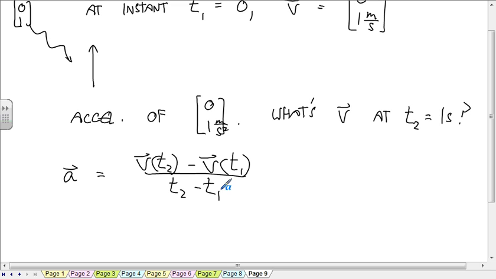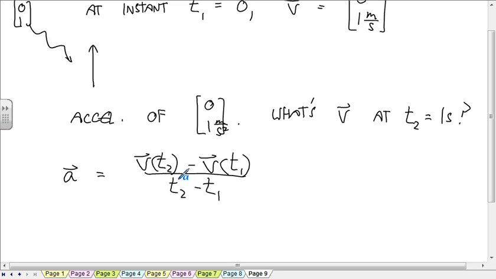Before we go through the calculation, just intuitively, what do you think is going to happen here? So we have a velocity vector at the first instant that's going in the positive y direction. Now we have an acceleration that's also in the positive y direction. What do you expect the velocity vector to be at a later time?